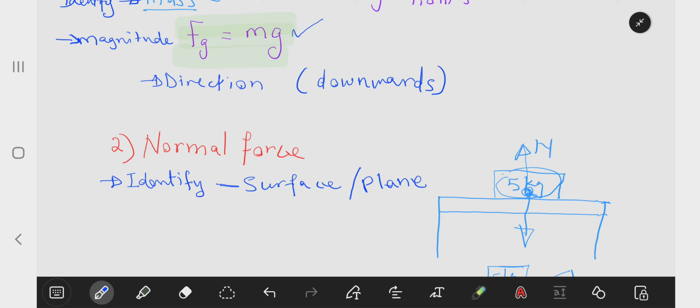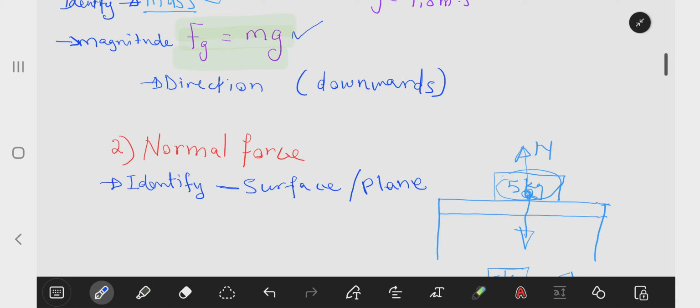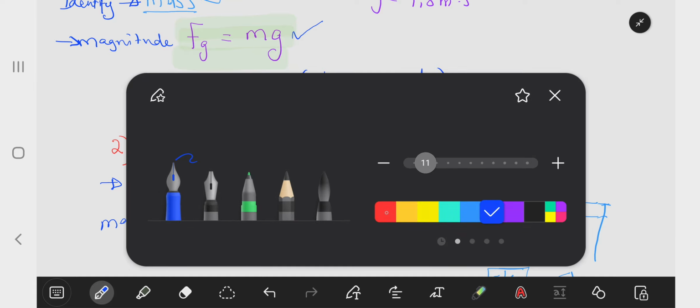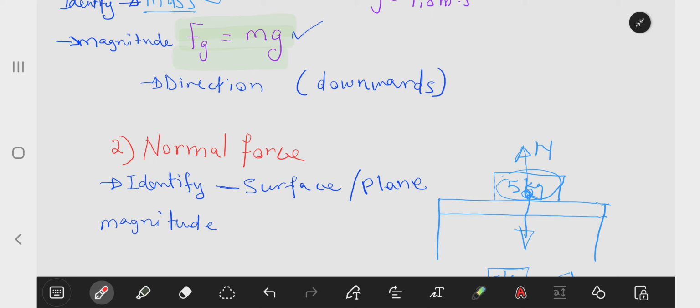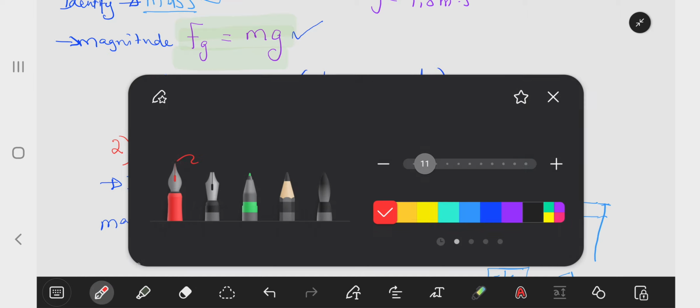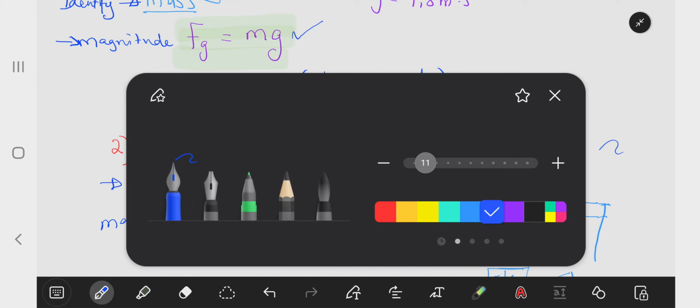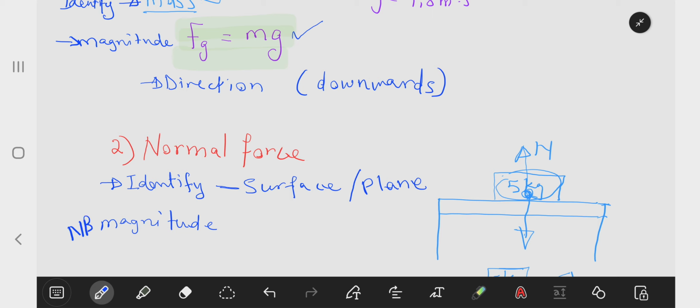Okay, and then in terms of the magnitude, there is no specific formula. This is very important because learners usually confuse that your normal force is always equal to the weight. They normally would say normal force is equal to mg, which is not always the case, right? There is no specific formula for calculating your normal force. So how do you actually calculate it? You compute it.